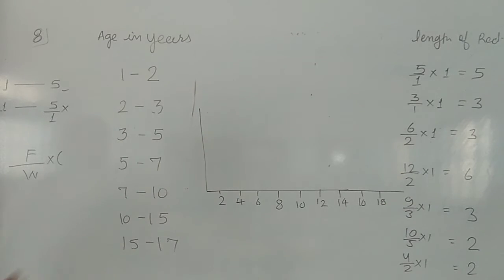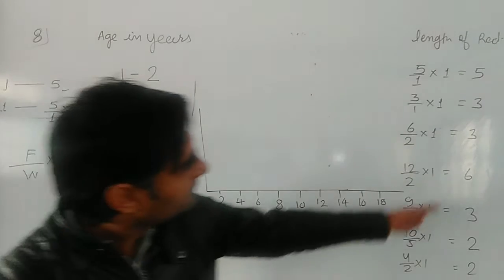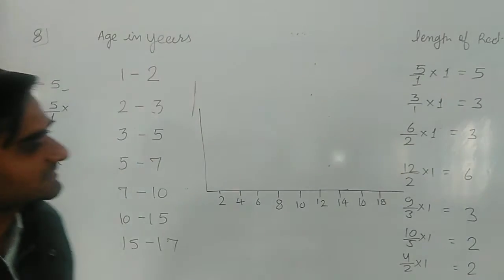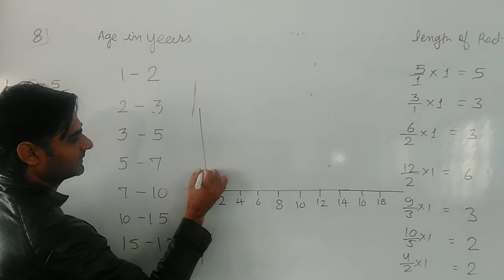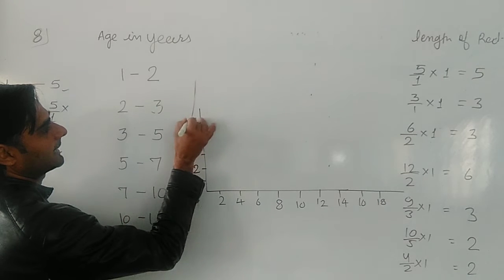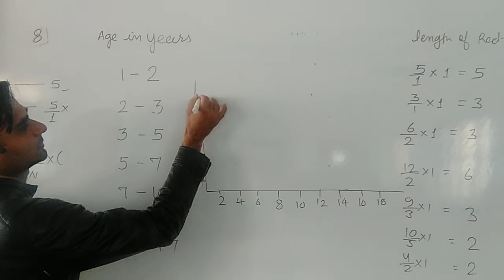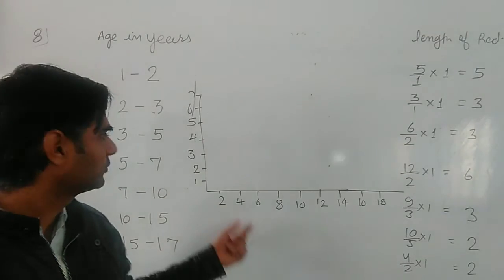Yes, sir. Now here what will come? See this one. The greatest number is 6 and the smallest number is 2, right? So 1, 2, 3, 4, 5 we can write here, 1, 2, 3, 4 and 5 and 6 also. One more we can take, this one is 7. Okay.